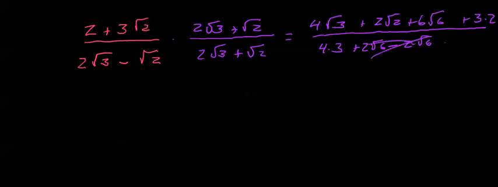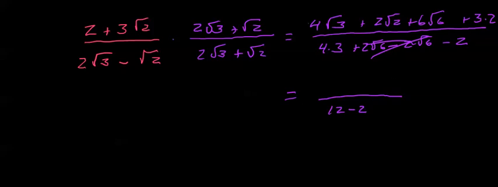Those cancel. And we get radical 2 times radical 2 is 2. Denominator, 4 times 3 is 12, minus 2.